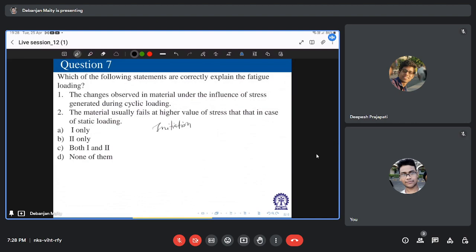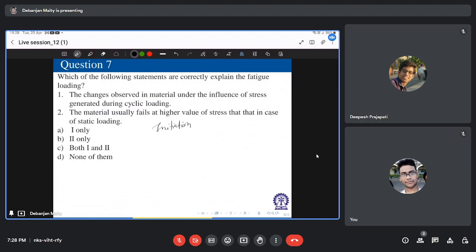You may have cracks either over the surface or below the surface. So they are dangerous, right? And can be easily formed.